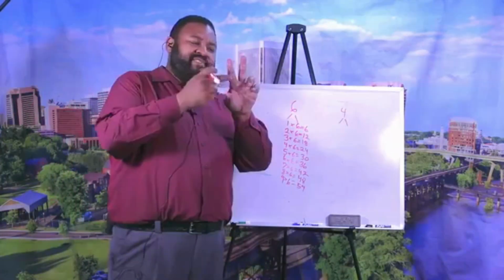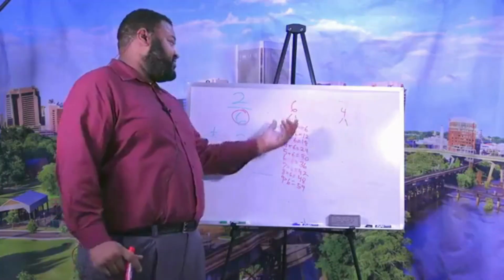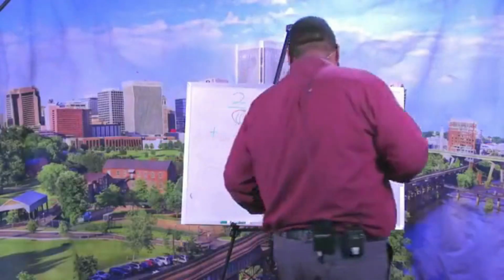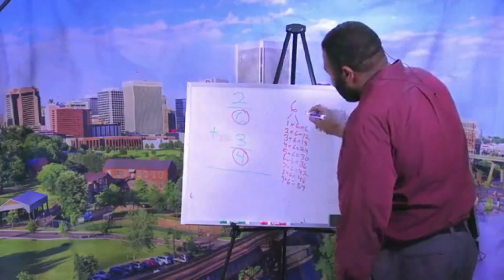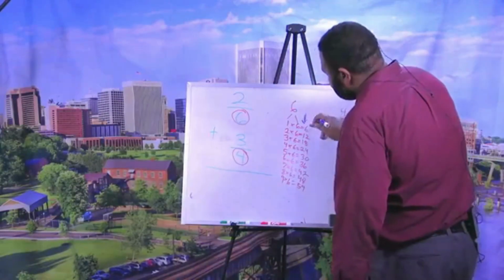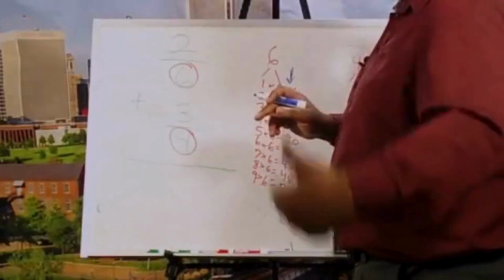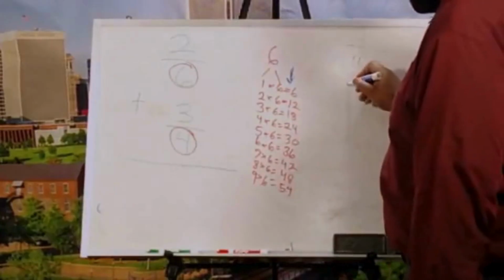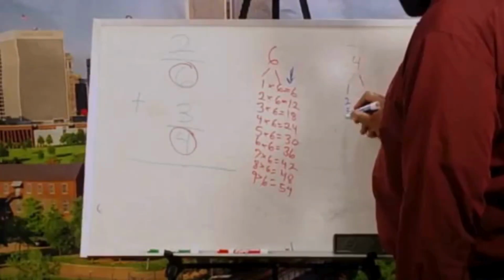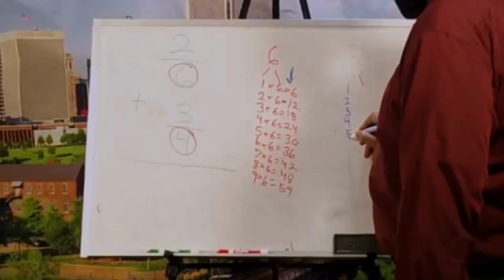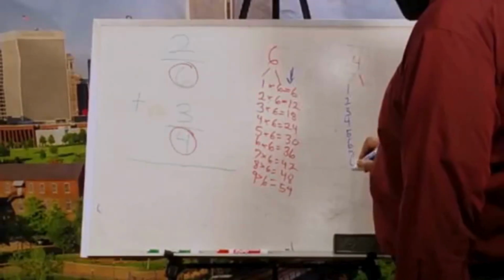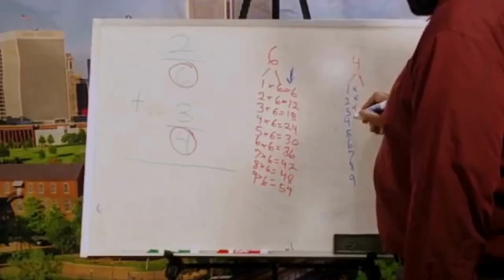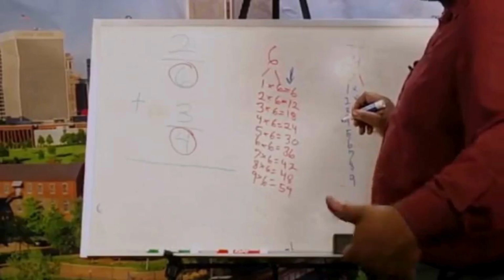Okay, I didn't count this time. You could have, but I showed you the 6s already. All right, and once again, we're looking for an answer. Looking at the answers here, because it's going to be a multiple or a product. So now I got my 4s. And what I call this is my pick and choose chart.